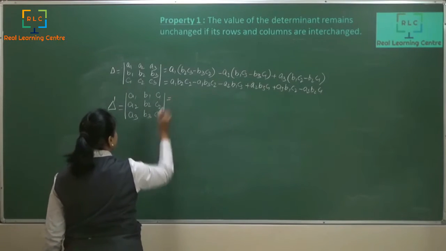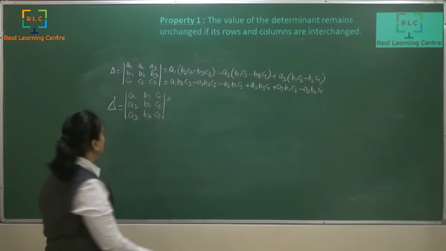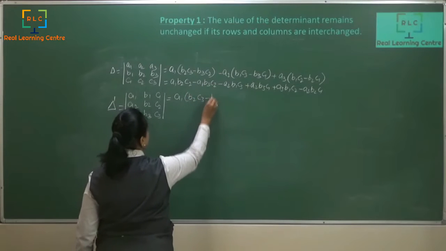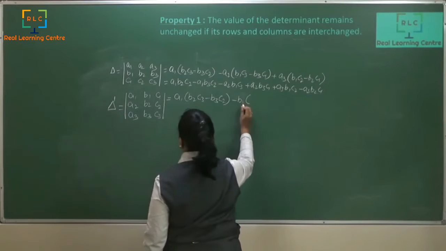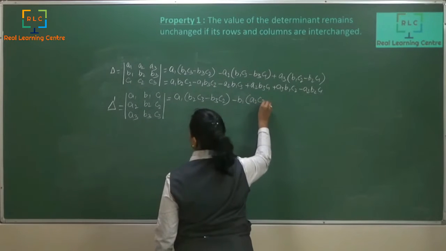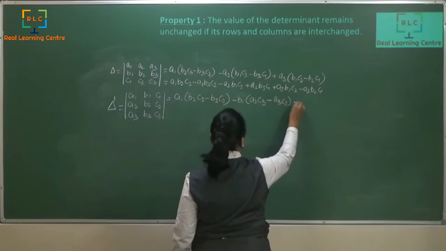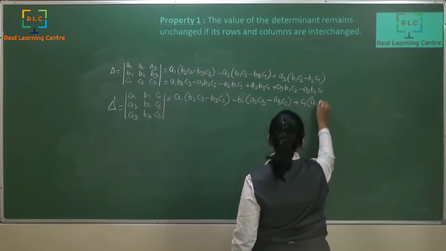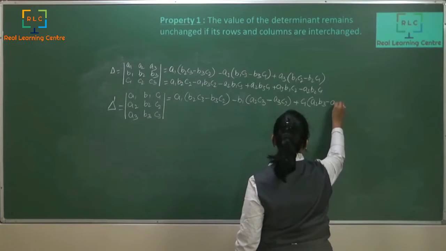And again I'll expand and see whether I'm going to get the same elements with the same signs also. So let me see. A1 into (B2 C3 minus B3 C2) minus B1 into (A2 C3 minus A3 C2) plus C1 into (A2 B3 minus A3 B2).